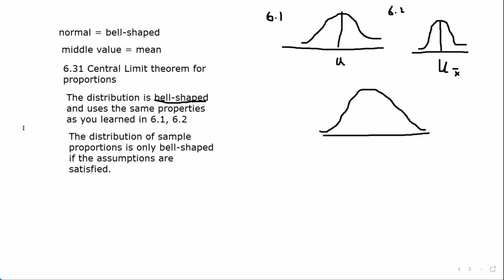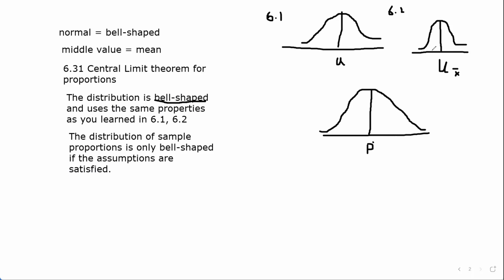So the notation changes, and this becomes the distribution of p's. Technically, it becomes the distribution of p hats, but they approach p, just like the distribution of x bar in 6.2 became mu.